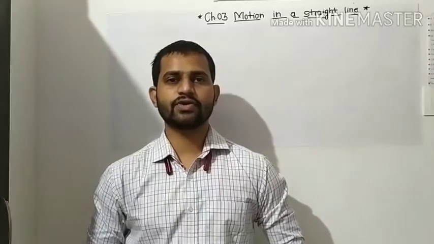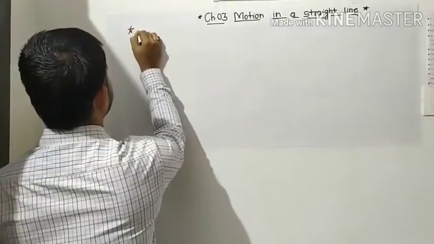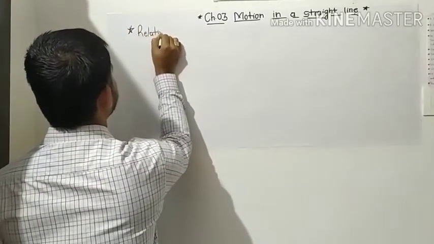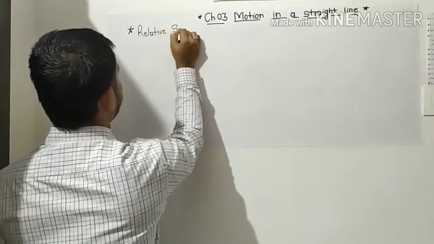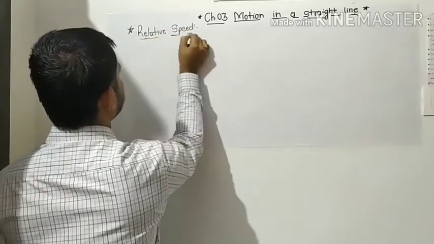Now in today's lecture we have to learn about the relative speed. Relative itself suggests some idea about the speed. Why is the name relative speed?